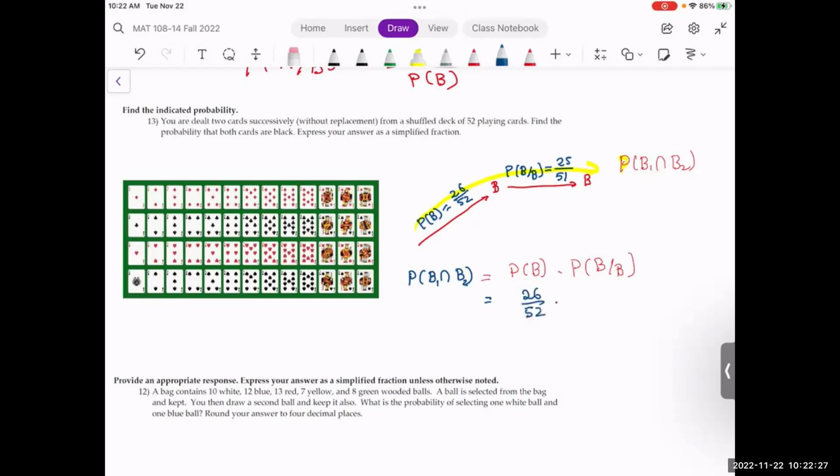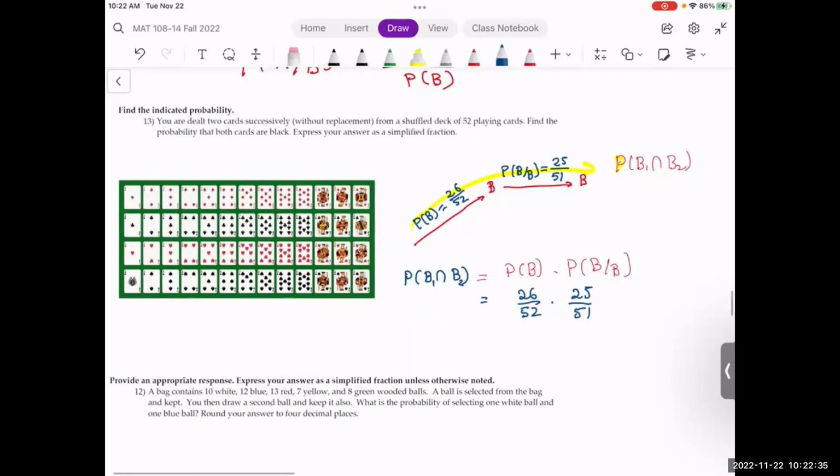which is going to be equal to 26/52 times 25 divided by 51. So 26 and 52, you can reduce it to 1/2.